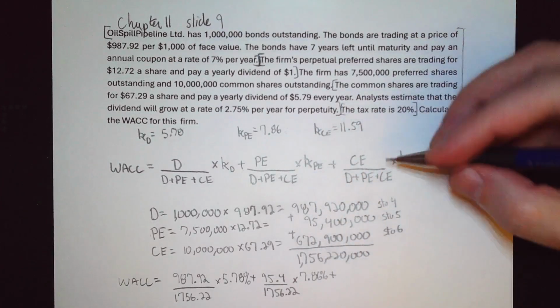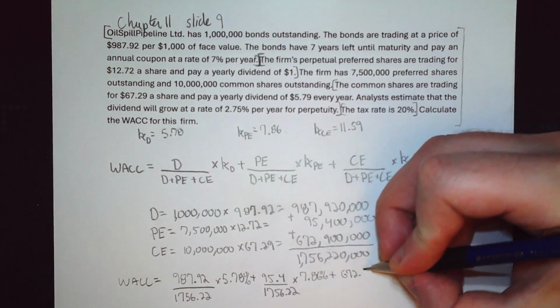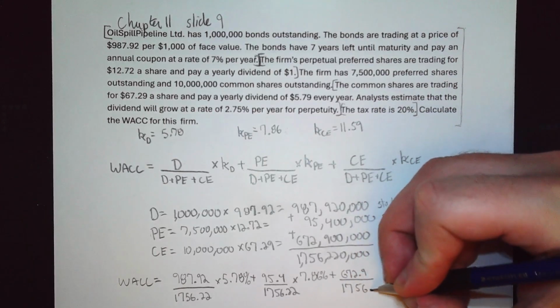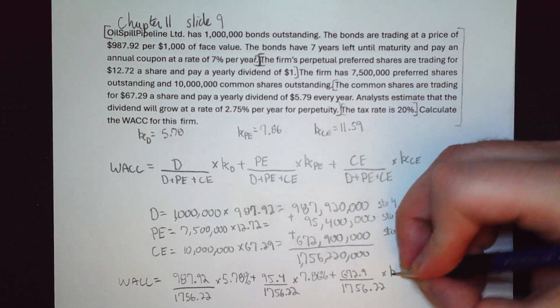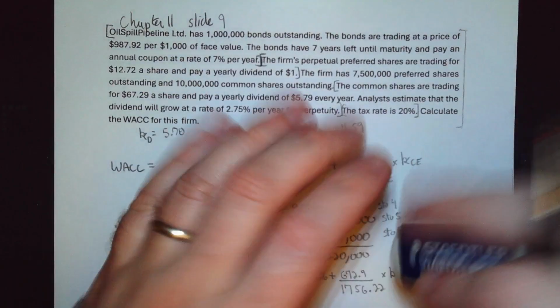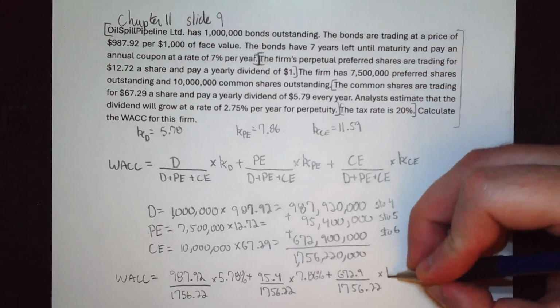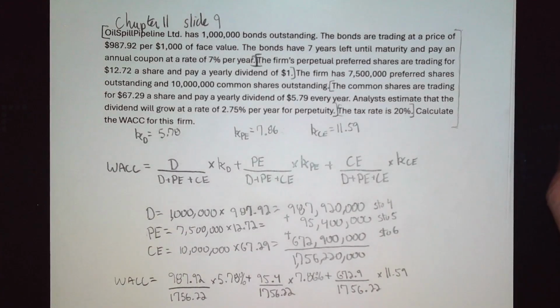And then finally, I'm going to add to that the market value of my common equity, and I'm going to divide that by the market value of the firm. And I'm going to multiply that by, whoops, not K in this case, I'm replacing the variable by numbers, by 11.59, the required return that my common shareholders want to get.